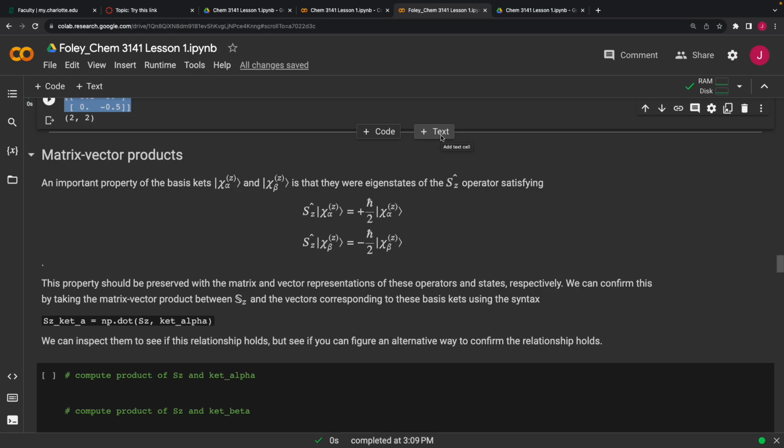If I act upon ket alpha with this operator SZ hat, I get chi alpha back multiplied by h bar over 2. So I have lengthened this state chi alpha by the value plus h bar over 2. And this statement down here says if I act upon state chi beta with SZ hat, I get chi beta back, and I have lengthened it by the amount minus h bar over 2.